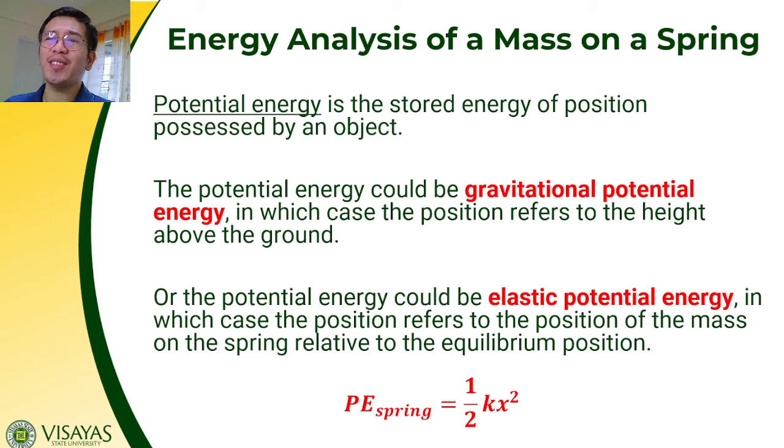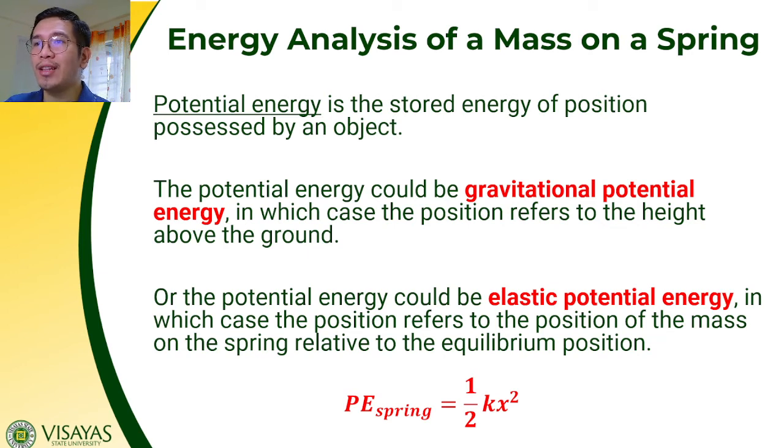So kinetic energy is only one form of mechanical energy. The other form is potential energy. By definition, it is the stored energy of position possessed by an object. So basically, this is dependent upon the position of the object.